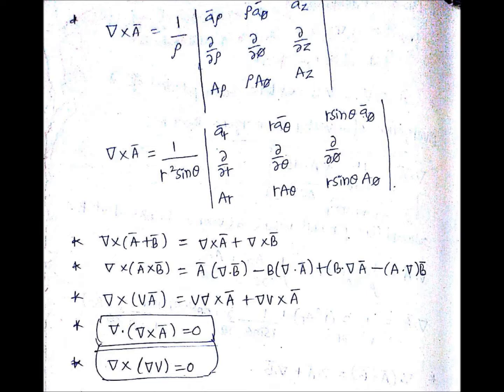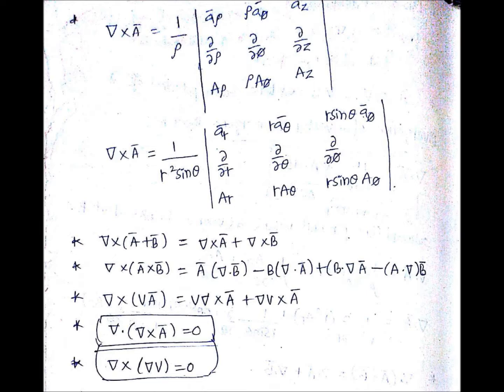I didn't write anything about Cartesian, because that is easy only, that is just ax ay az, dou by dou x, dou by dou y, dou by dou z, and capital Ax, capital Ay, capital Az. That's it, that is easy only, that's why I didn't write.